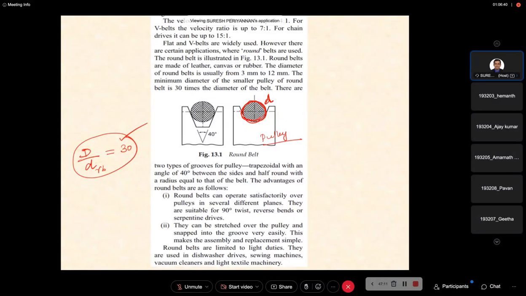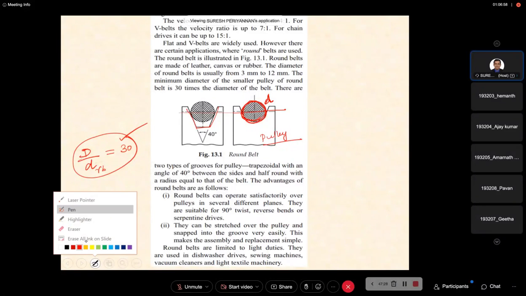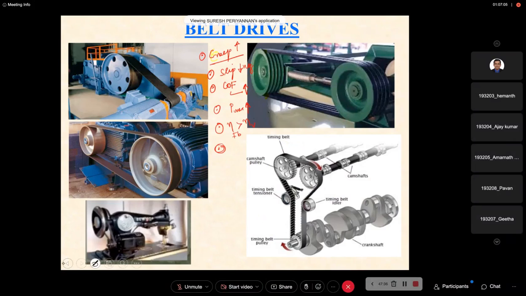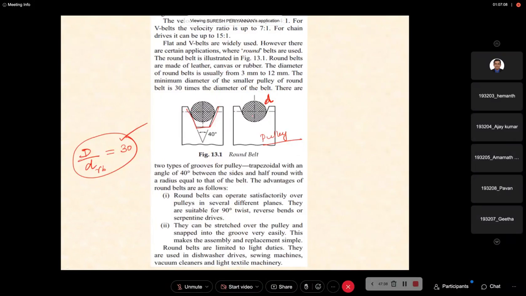This is the round groove pulley, trapezoidal with a 40 degree angle. This is the standard angle, 40 degrees, and this is the round pulley, while we are using a round belt.